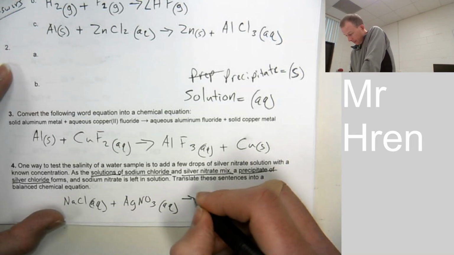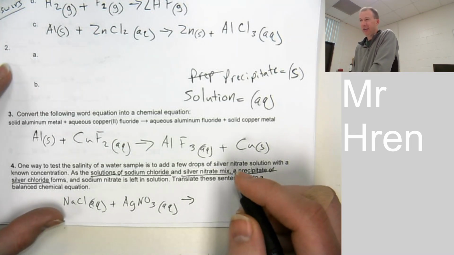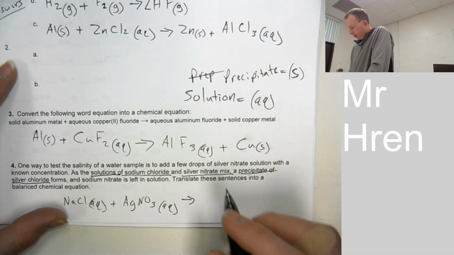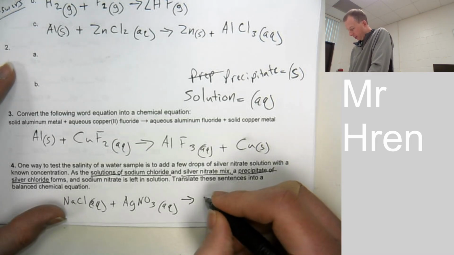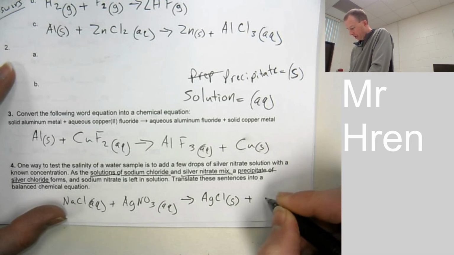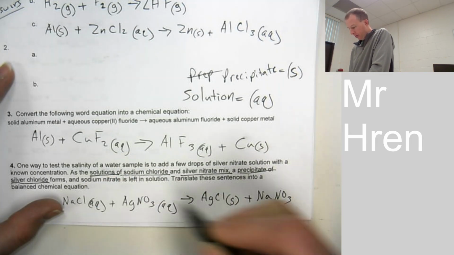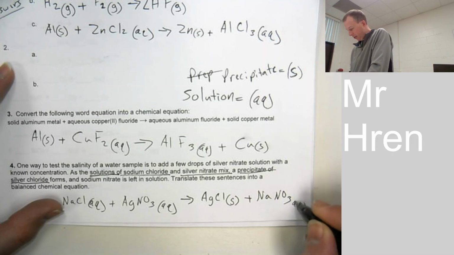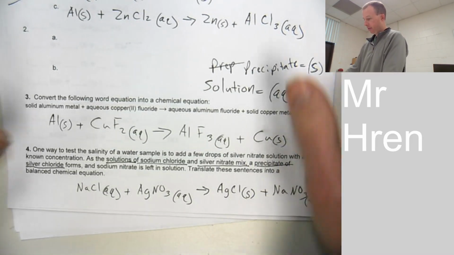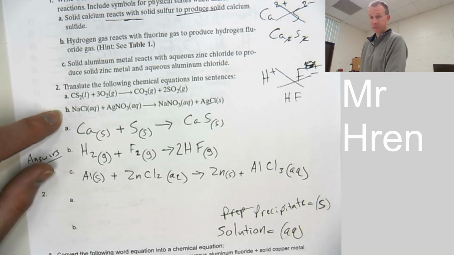The precipitate concept will be explained more in depth a little bit later. So you have silver chloride, so you would just say AgCl solid plus NaNO3, sodium nitrate, which is left in solution, meaning it is aqueous. And if you notice, that's actually this exact thing from B.